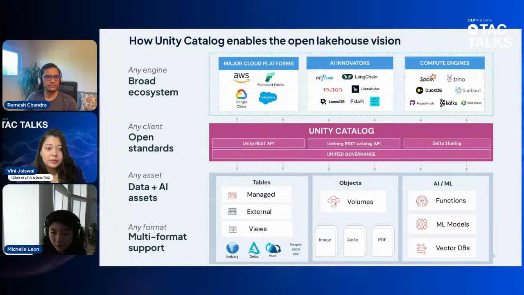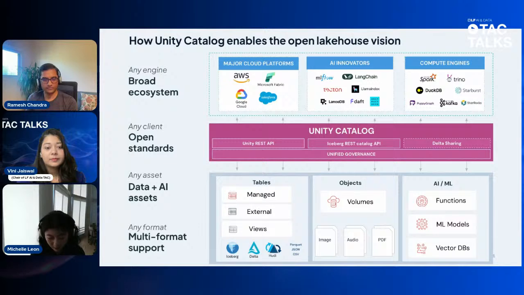One of the things I really want to emphasize is that Unity Catalog, as I mentioned, has multi-format support, right? So Iceberg and Delta and Parquet, JSON, CSV. And we also believe in enabling the broadest interoperability. By embracing all these different open standards, you're able to tap into the richest and most broad ecosystem of engines, platforms, and different AI tools.